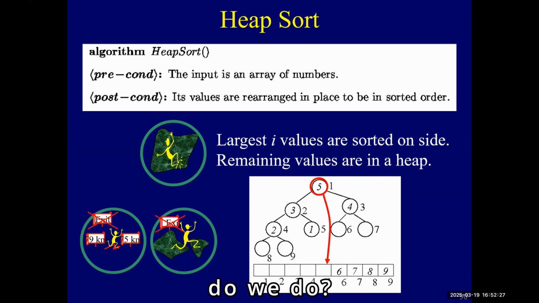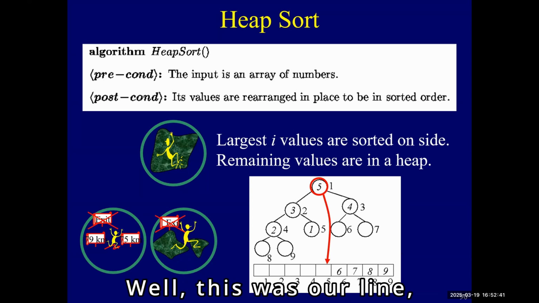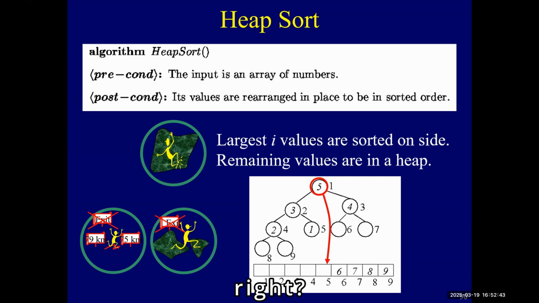And then what we do is we take the maximum, which is at the root, and we put it where it belongs. Where does it belong? Well, this was our line, right? So here's a little fun thing, right? This is a heap. So when we delete the maximum, what happens? The 5 is the last guy in the heap, right?